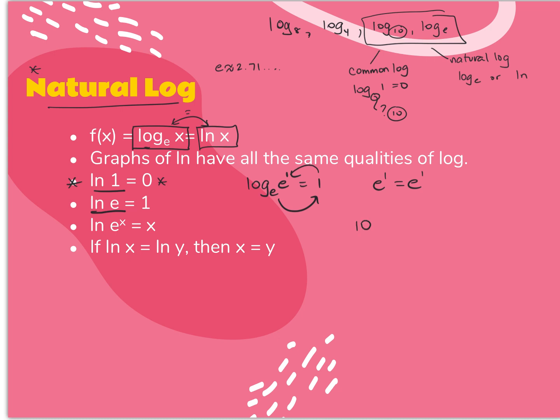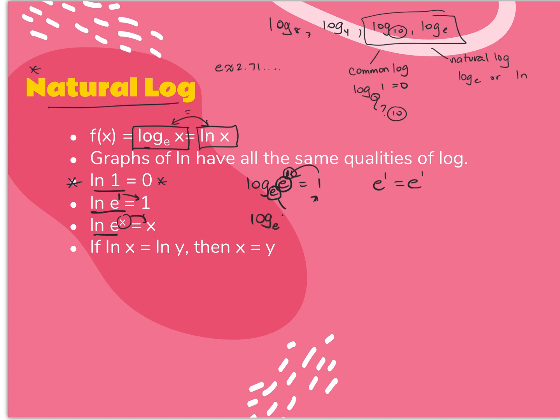If I do log base 10 of 10, that also equals 1, because 10 to the 1 equals 10. When the base, and that one I wrote kind of big, right? But when the base, like here, equals this, the answer is going to be whatever this exponent is there. In this case, since the exponent is 1, it equals 1. In this next problem, since the exponent is x, it's going to equal x. And that's another property that you want to learn. So again, let's do that second one.